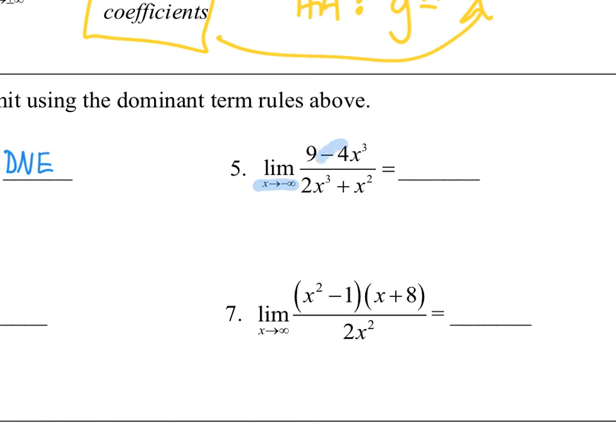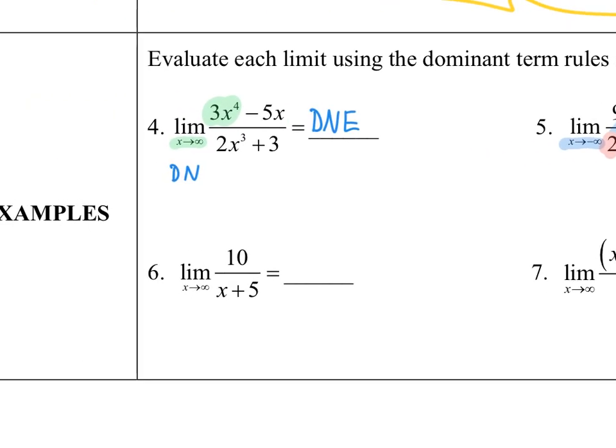So here's my dominant terms right here. They both have x cubed. So I'm just going to make a fraction out of the coefficients. Make sure that if there's a negative on the coefficient that you use that negative when you make this fraction. So this becomes -2.